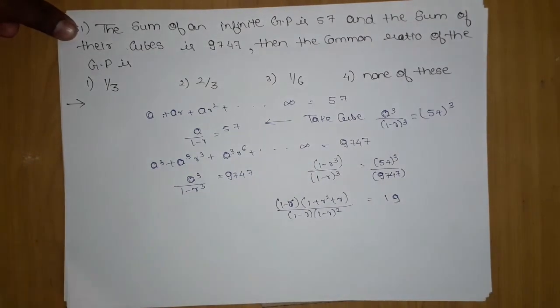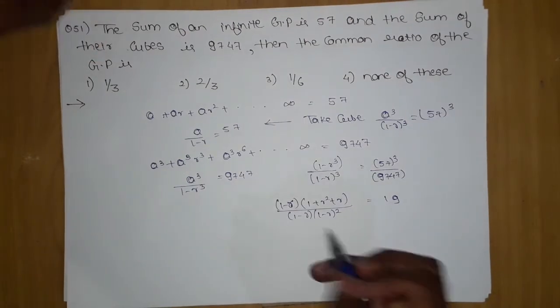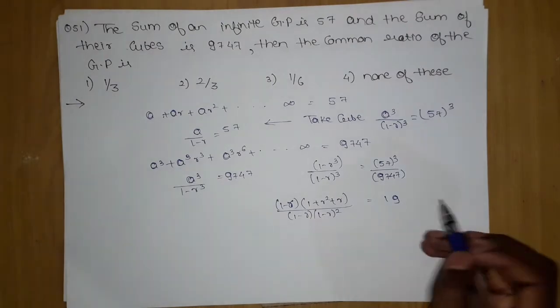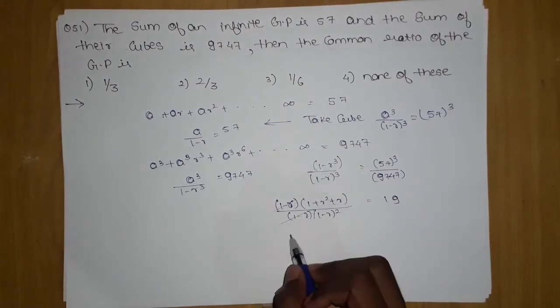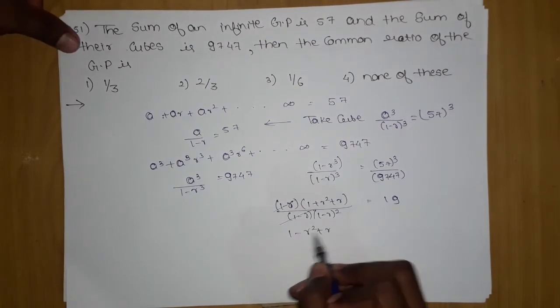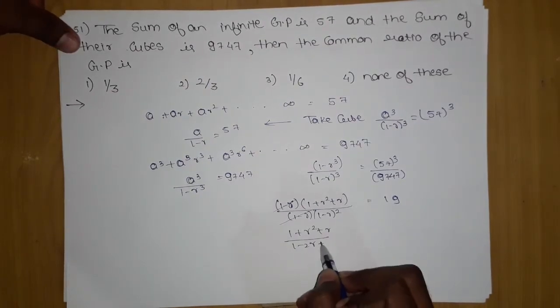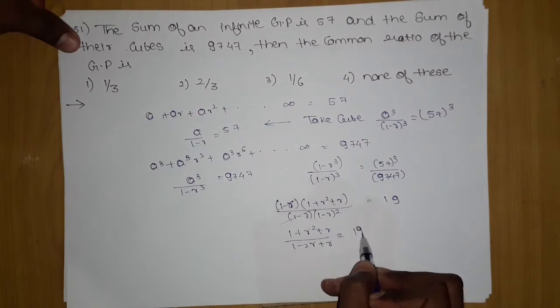Okay, this you will have to do with a bit of calculation, using a calculator. It will take a lot of time, because it is a difficult calculation. This will cancel out, giving me 1 plus r square plus r upon 1 minus 2r plus r square into 19.